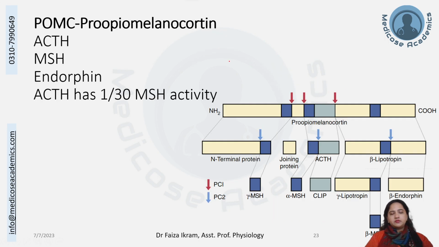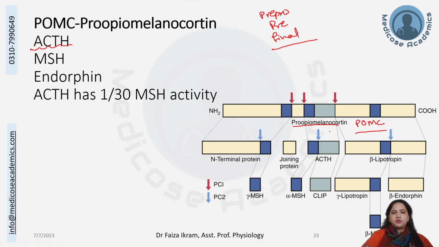Moving on, we have a little bit of discussion in general endocrinology that peptide hormones are produced as first pre-pro-hormones, then processed to pre-hormones, and then tapered into their final form. This is what is shown over here, that whenever the ACTH is going to be produced, first a larger precursor protein will be formed, pro-opiomelanocortin.